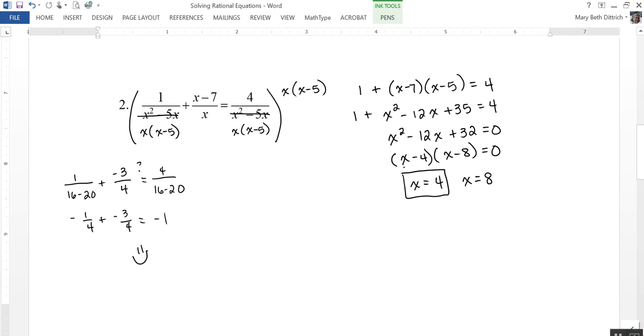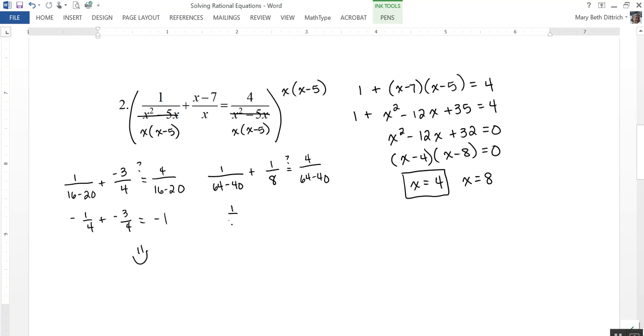Now let's check 8. Is 1 over 8 squared is 64, minus 40, plus 1 over 8. Is that equal to 4 over 64 minus 40?